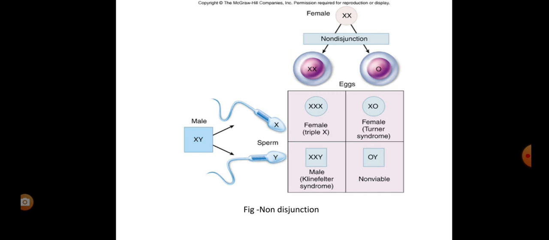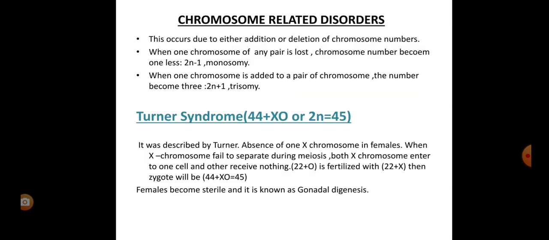So in case of X0 and in case of XXY, there is a change in the number of chromosomes. Now there are some chromosome related disorders, and this type of disorder occurs either due to addition or deletion of chromosome number.